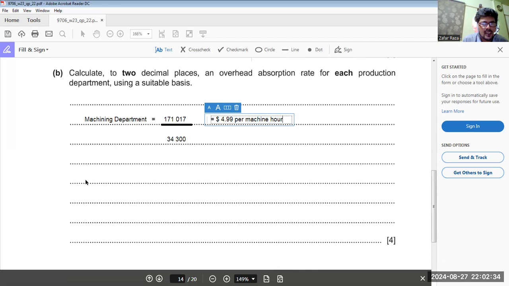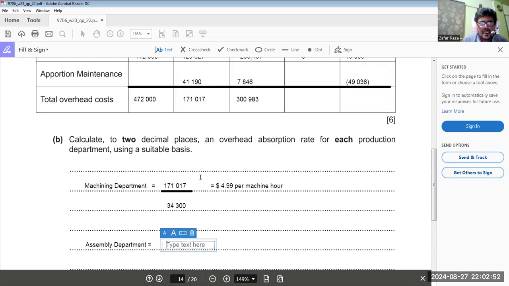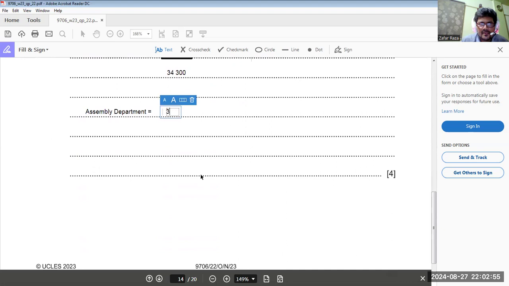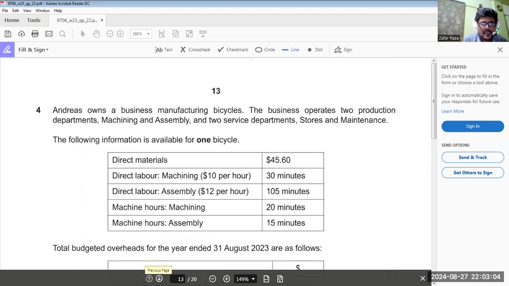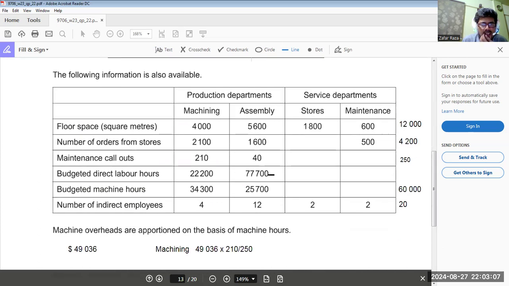Now for assembly department, the cost is 300,983 divided by, which basis should we use for assembly? I think labor hours are best.